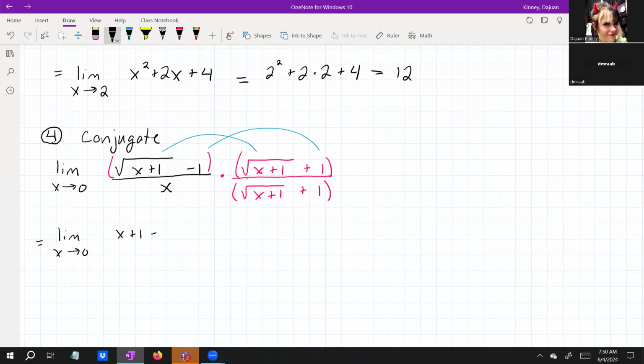Plus 1 minus 1 minus 1, minus the insides, root x plus 1, then the outsides plus root x plus 1, all over x times x plus 1 plus 1.